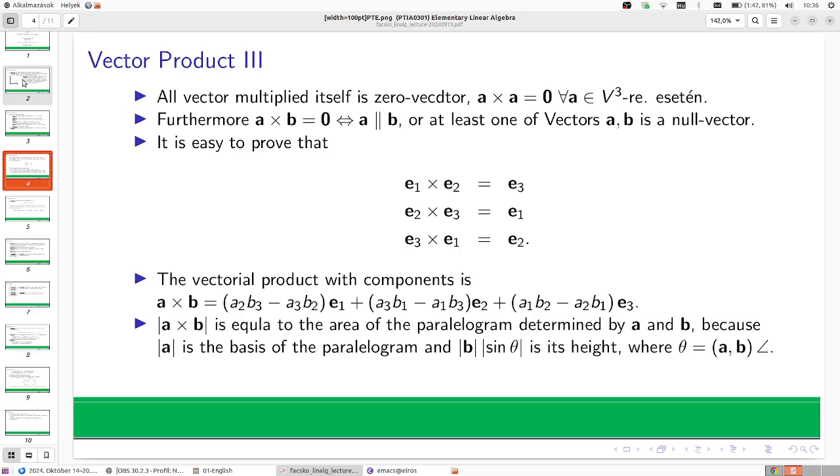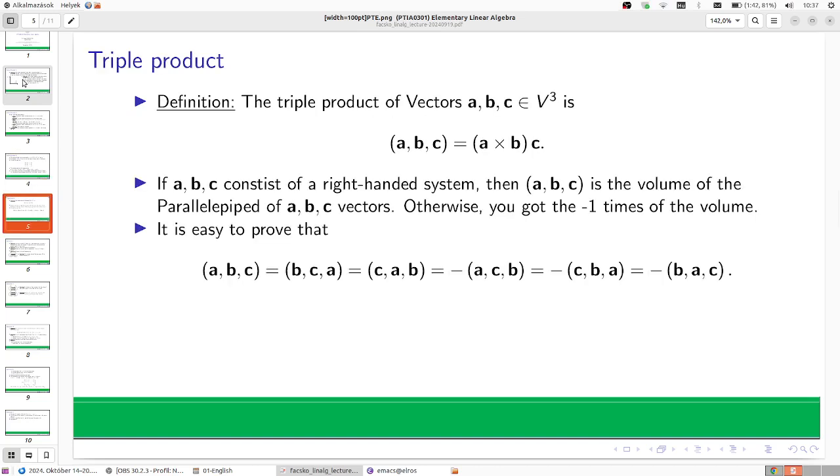It's easy to prove. This is the base of the parallelogram, and with the sine this is the height of the parallelogram. Okay, this is useful when we do some exercises.